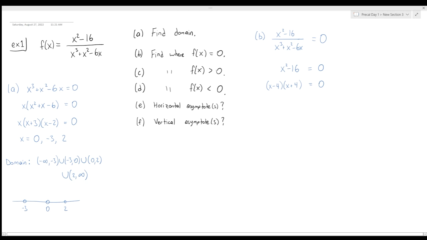Okay. So then we have these two zeros of the function f. X is plus or minus 4, okay?